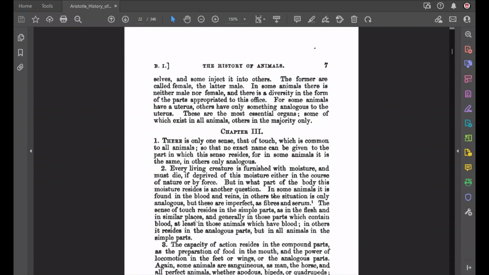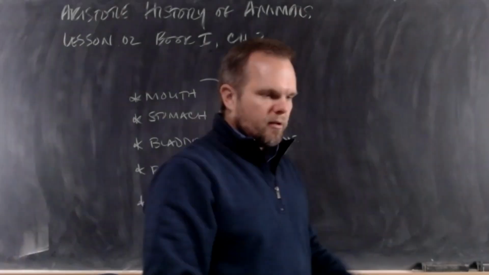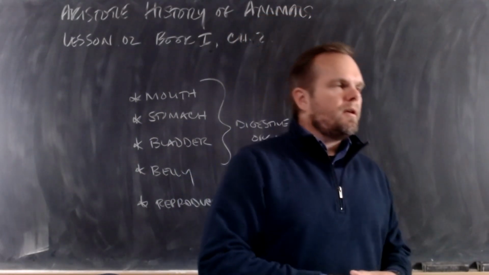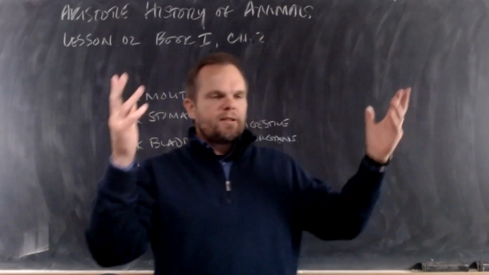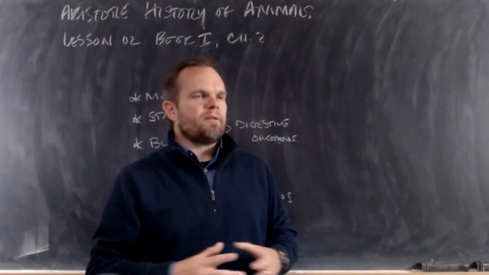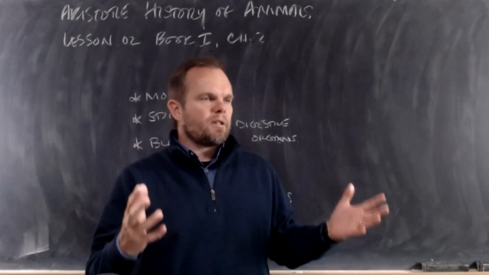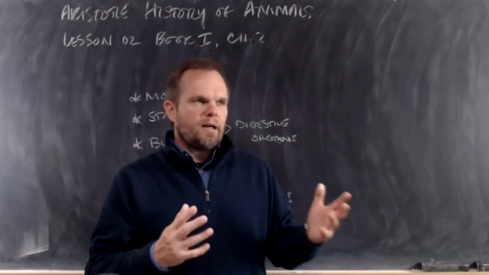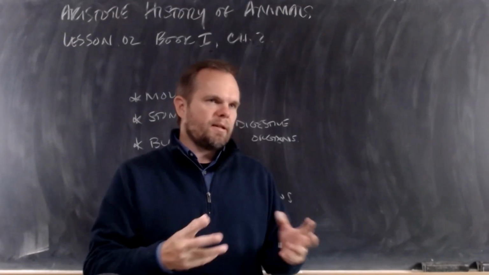Okay, so when we look at animals, when we study animals, let's just say you go to a zoo and there's 20 different animals there. What should you actually pay attention to understand animals? That's what this is about.